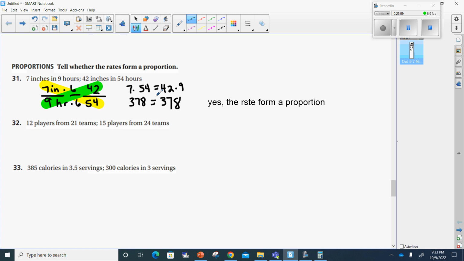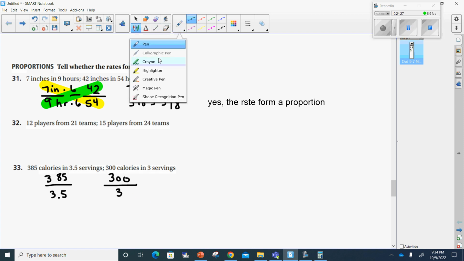This time, I'm going to use cross multiplication to solve it just like we did over here. We got 385 calories in 3.5 servings. Now, we also have 300 calories in 3 servings. Are these proportional? I can use cross multiplication to solve this.